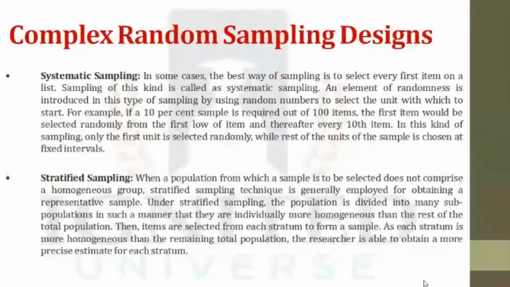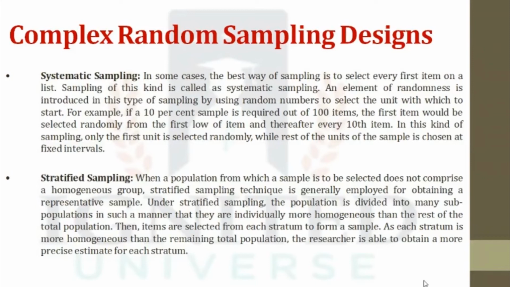So, to conclude stratified sampling, when a population from which a sample is to be selected does not comprise a homogeneous group, the stratified sampling technique is generally employed for obtaining a representative sample.